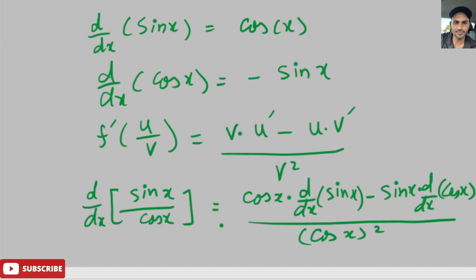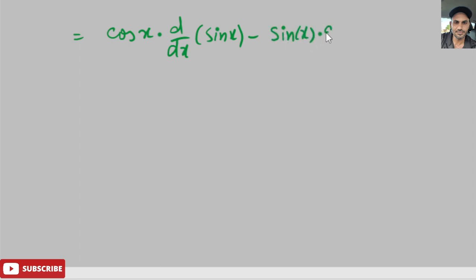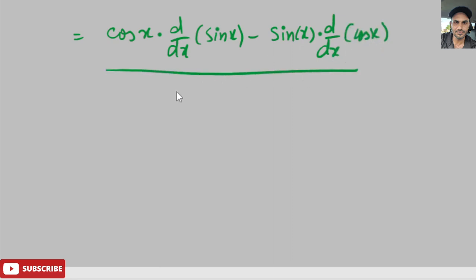Okay, so let me rewrite this one here. So we get cosine of x times d over dx of sine of x minus sine of x times d over dx of cosine of x divided by cosine of x squared.